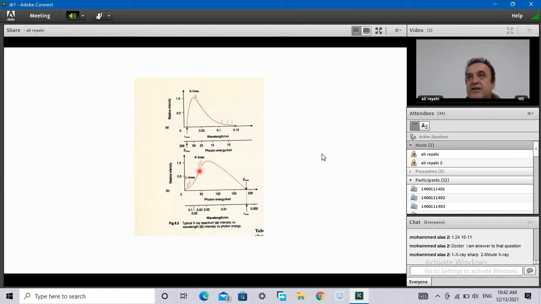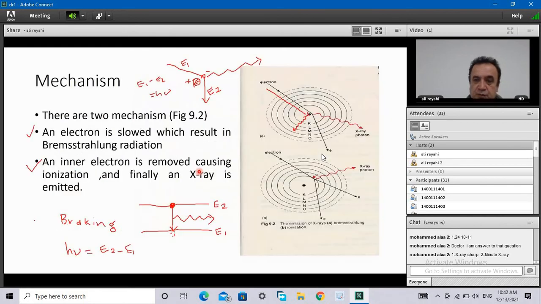What is K line? I show you. It is the K layer, the L layer, the M layer, the N layer. K line X-rays are X-rays produced when an upper electron falls into the K layer. What is L line? For L line X-ray, an L electron is removed and an upper electron comes to the L layer.